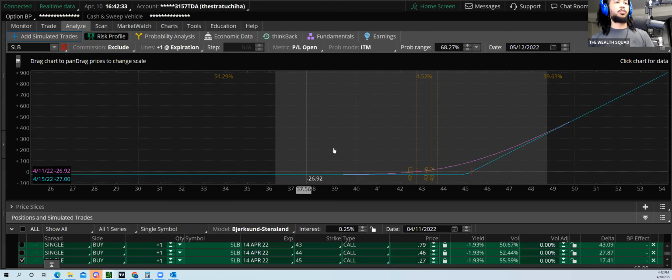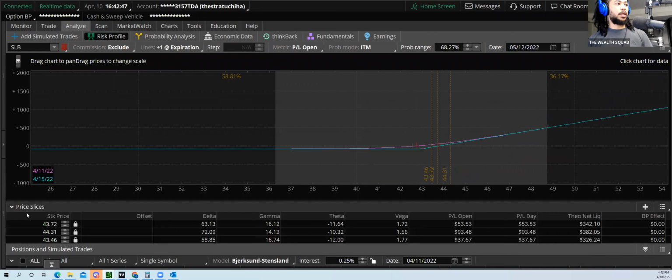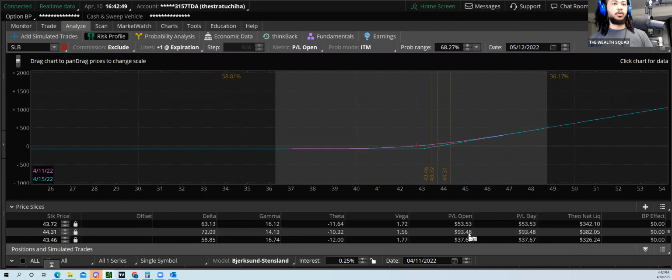And then if I go to the price slice, move this to 44.31. This would be like, if SLB just really shot out of a cannon Friday, all right? The price slice for the first contract at that 44.31 would be 93.48 for the whole ATR move to the upside.